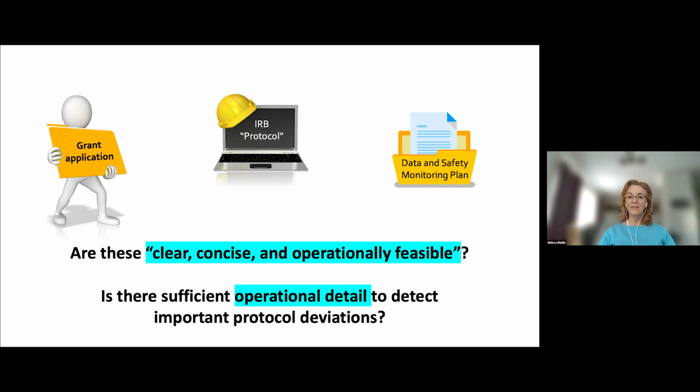So wouldn't a separate protocol be sort of redundant paperwork? And you can probably tell where I'm going here. I'm going to say usually no. And I would say especially it's perhaps not sufficient operational detail to detect important protocol deviations, but the ones that matter to the science.